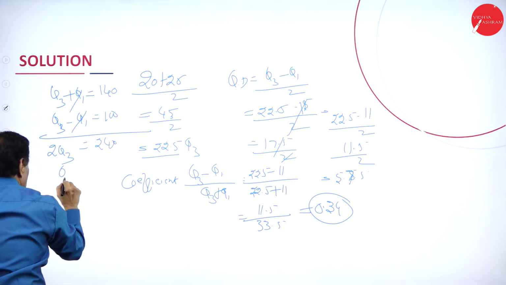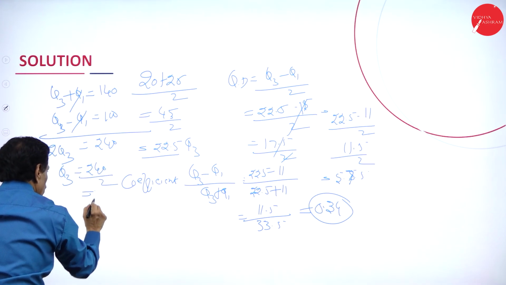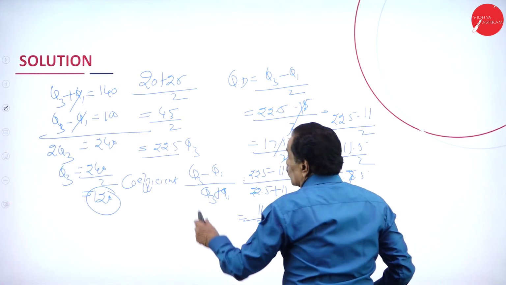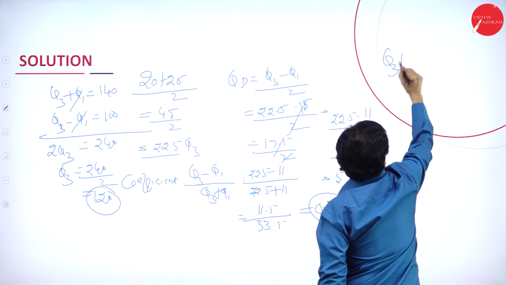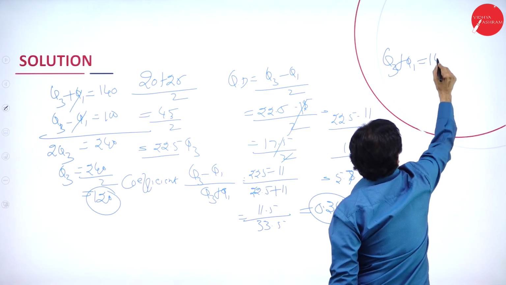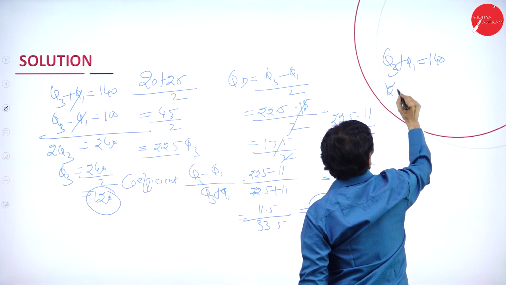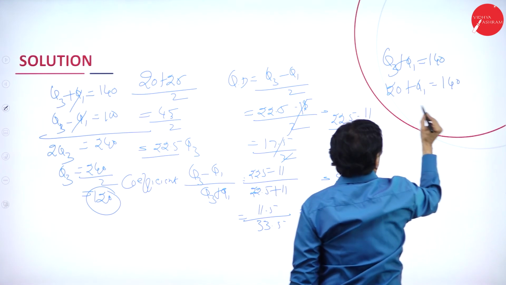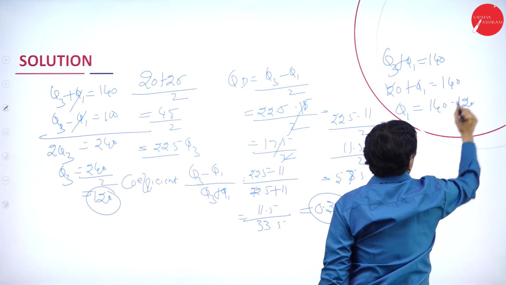Then Q3 is equal to 240 divided by 2. It is 120. I think you understand this Q3. Then go with the Q1. You know that Q3 plus Q1 is 140. What's your Q3? 120 plus Q1 is equal to 140. Next, Q1 is equal to 140 minus 120 is equal to 20.